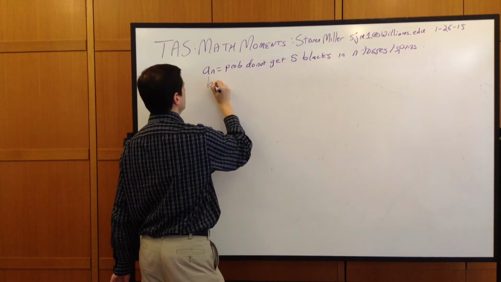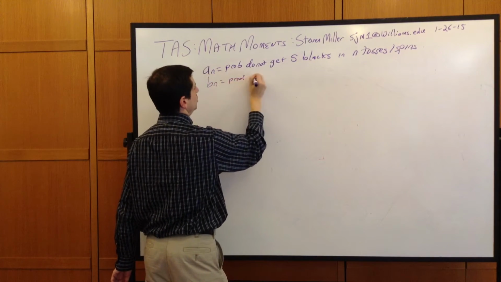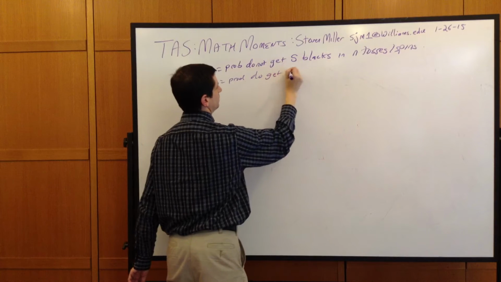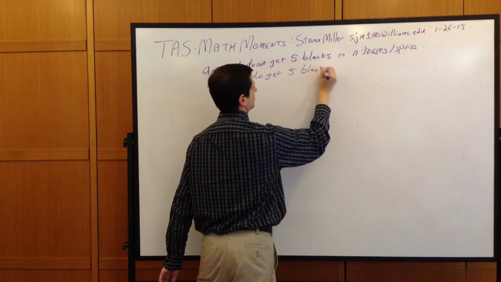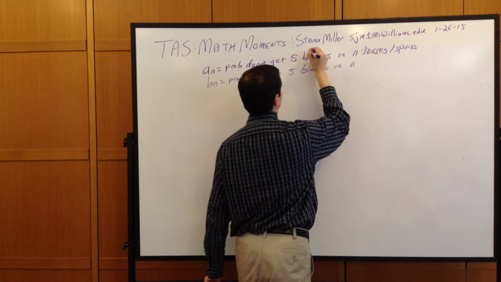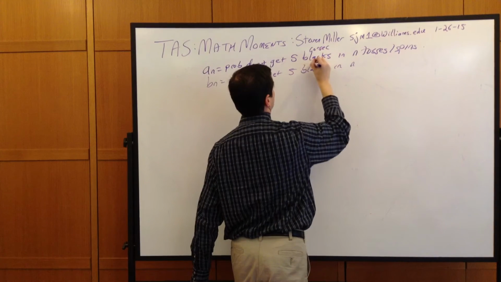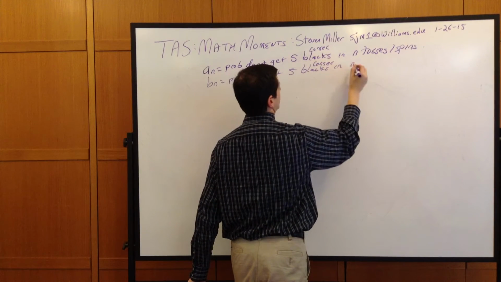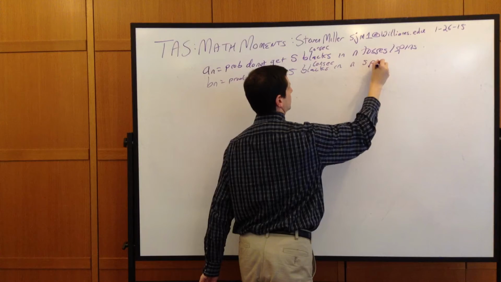And let's let B_n be the probability we do get 5 consecutive blacks in n spins. Consecutive, thank you. That's very important.